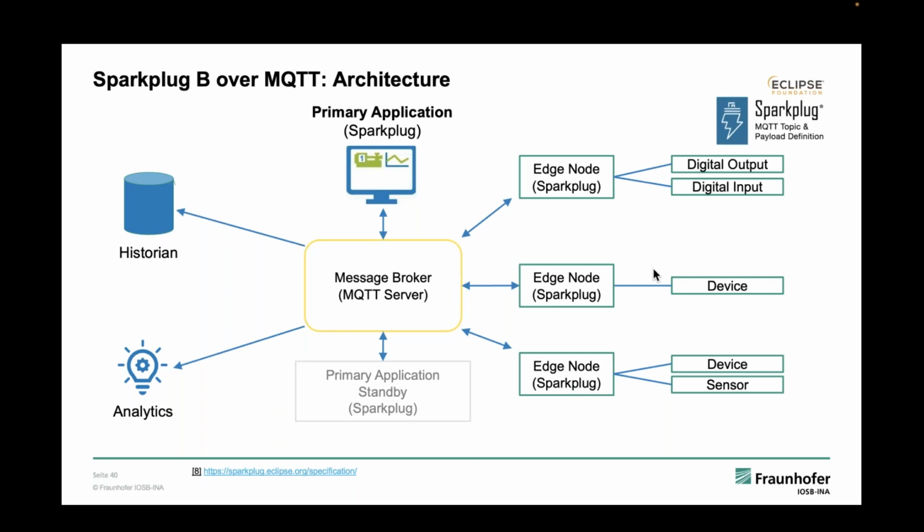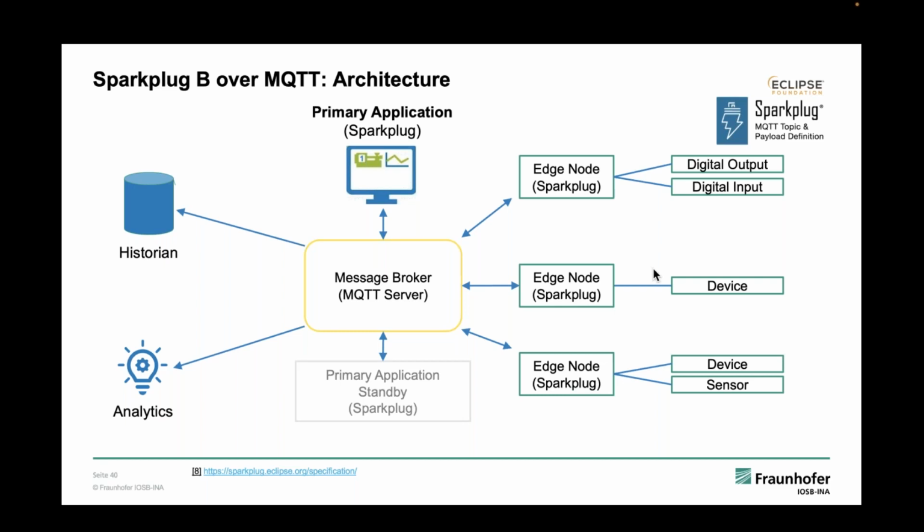And this also comes again with some challenges. Here it's all about publishing data and subscribing to data from this primary application. We pack up all the data from our edge nodes, send it to the broker, and the primary application subscribes to all of this data of our edge nodes, and the primary application can of course also publish, for instance, commands to edge nodes and so on.